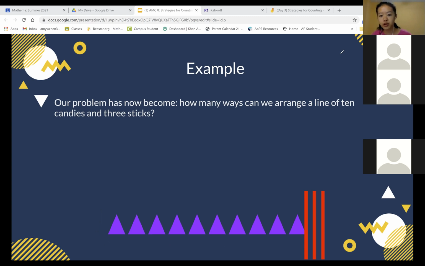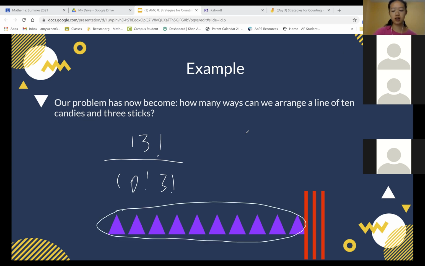The other question: 13 choose 10 picks 10 things, so why do we need that? Here, I'm going to rewrite it: 13 factorial over 10 factorial, 3 factorial. We're basically arranging 13 objects, of which 10 are identical, which are these candies, and 3 are identical, which are these sticks.